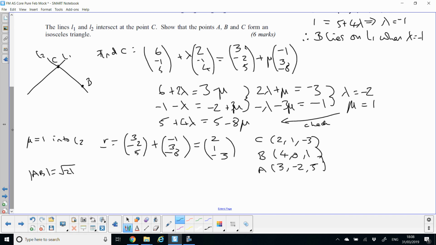All you've got to do is use the same technique we did in part A to find the lengths of the other sides. If you do that, you'll find the length of BC is root 21.